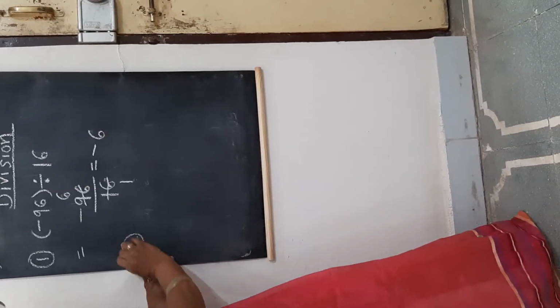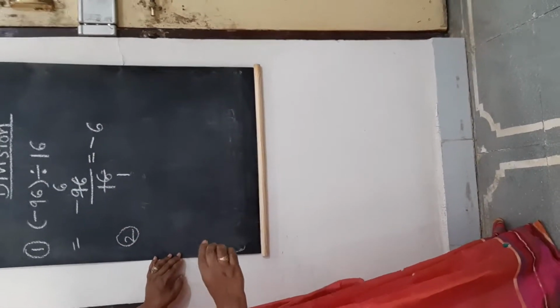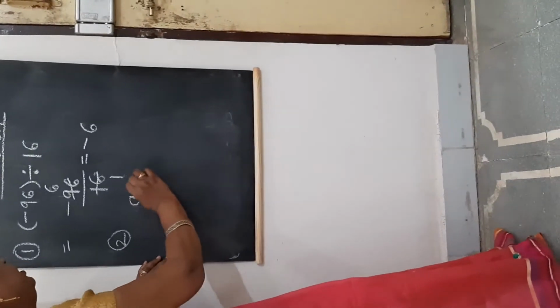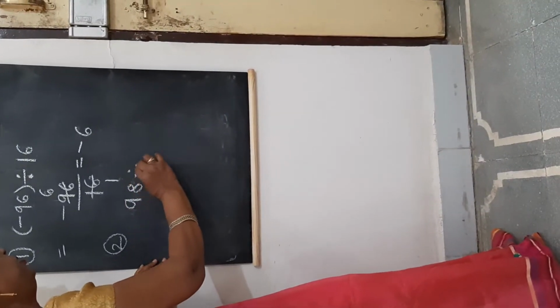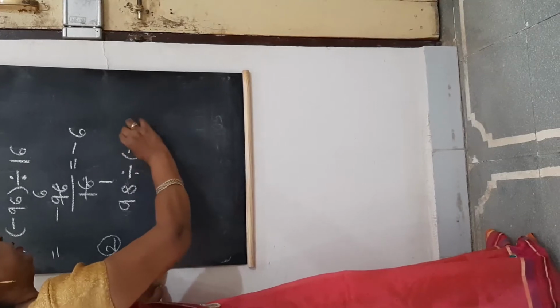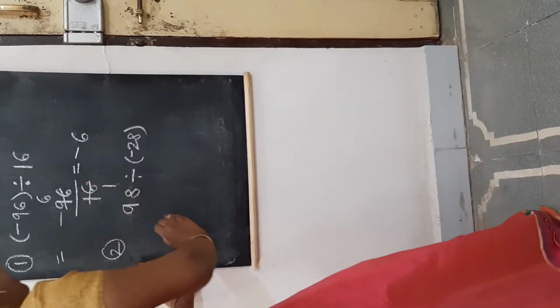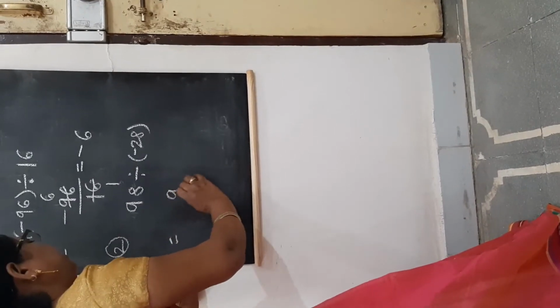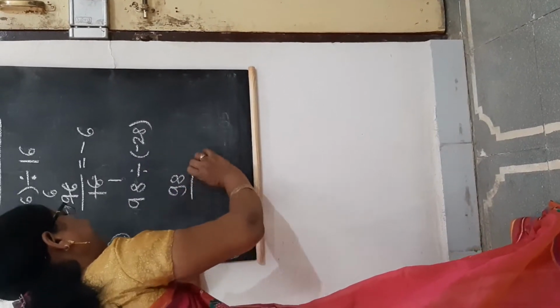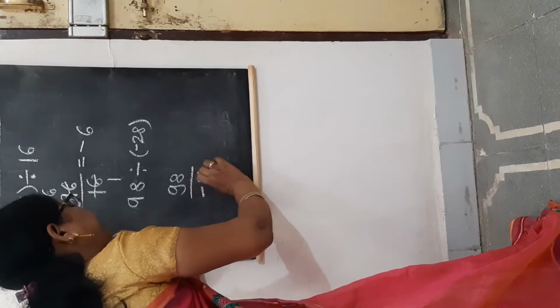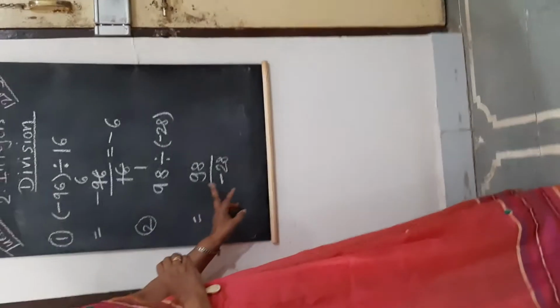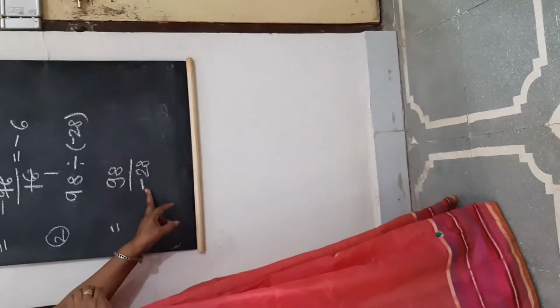Second example, 98 divided by negative 28. Again arrange the example vertically. Both these numbers are from 14's table.